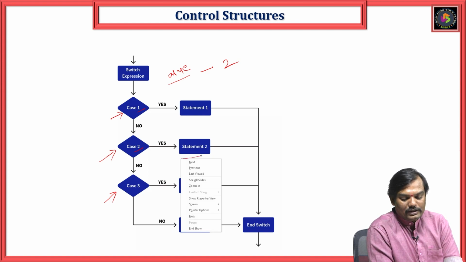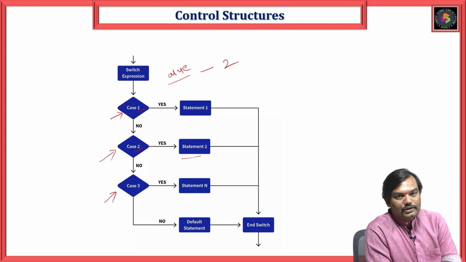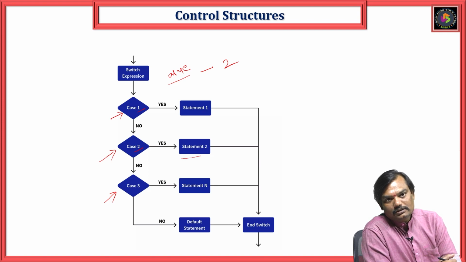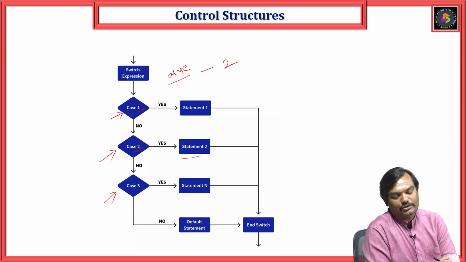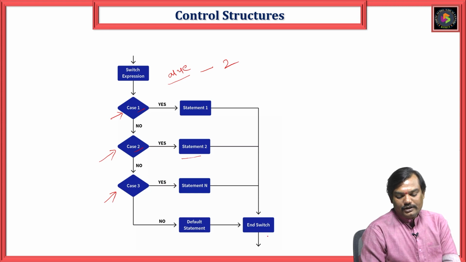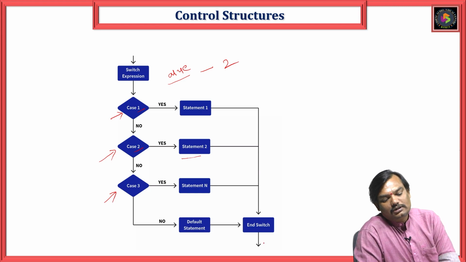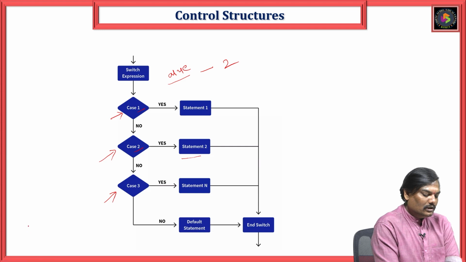So statement 2 will get executed. Now, after executing the statements associated with case 2, we have used a break statement, right? Which will signal the control to exit from the switch. So we come out of the switch in this way, and whatever statements we have after the switch get executed. So this is how we will make use of the switch statement in our program.